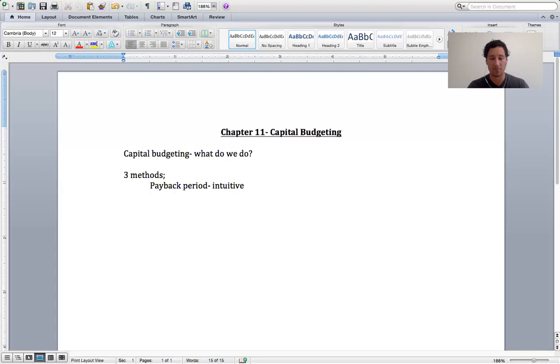The second one is internal rate of return, or IRR. And this one's pretty good. This one's used often and is a useful tool and good for decision making, but it's not the best.